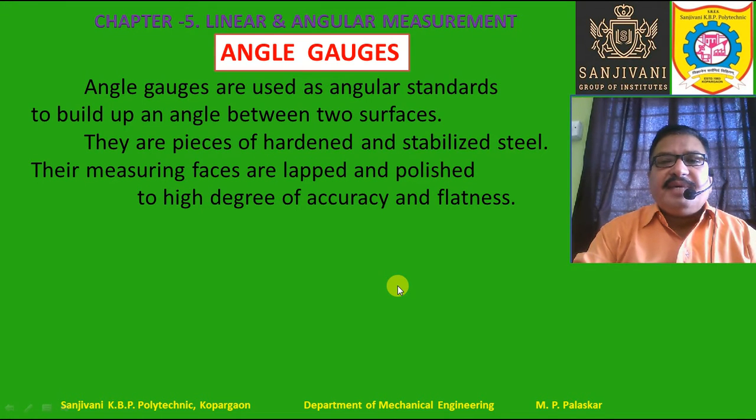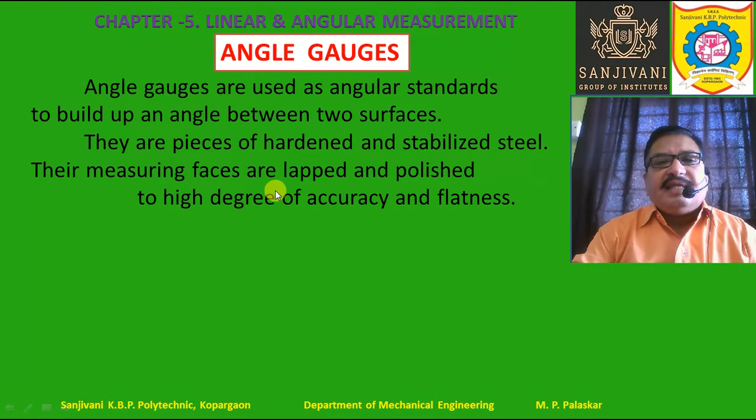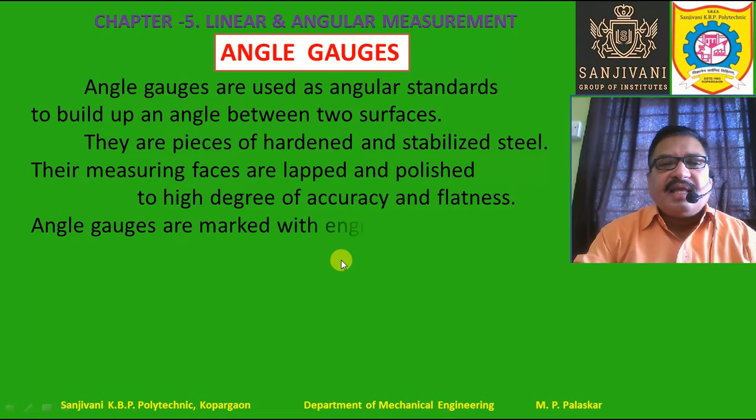In the case of slip gauges, we have seen that they also have two measuring faces on opposite sides, which were lapped and polished to a high degree of accuracy and flatness. In the same way, the measuring faces of the angle gauges are also lapped and polished to a high degree of accuracy and flatness.